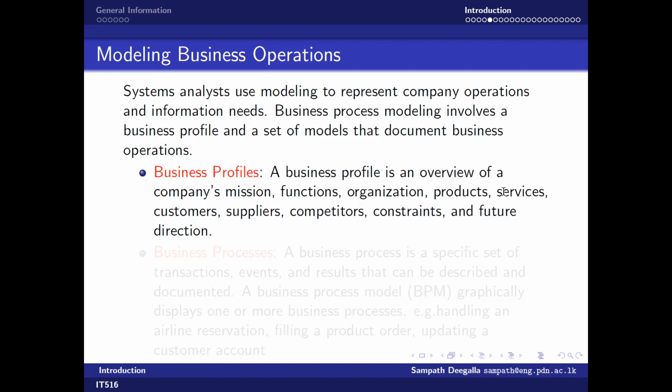Right. What kind of business profile does your organization have? Can some of you contribute to that?